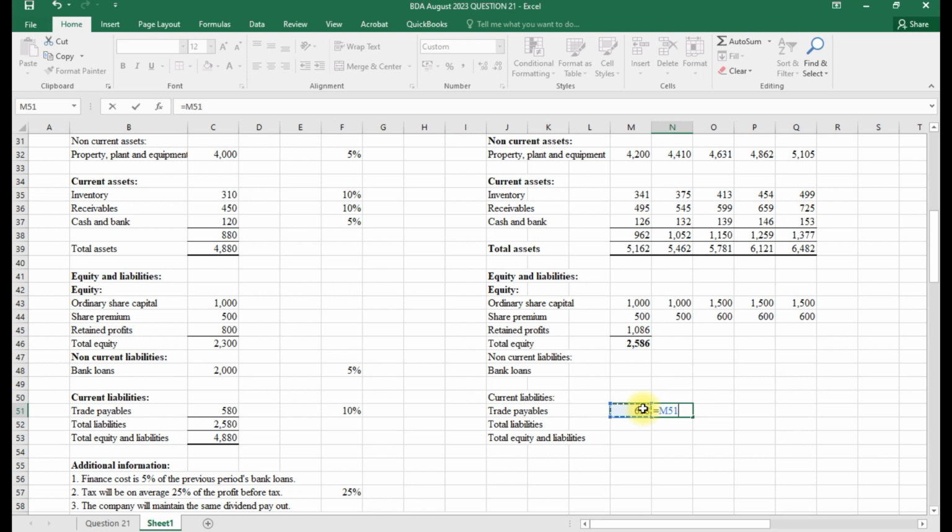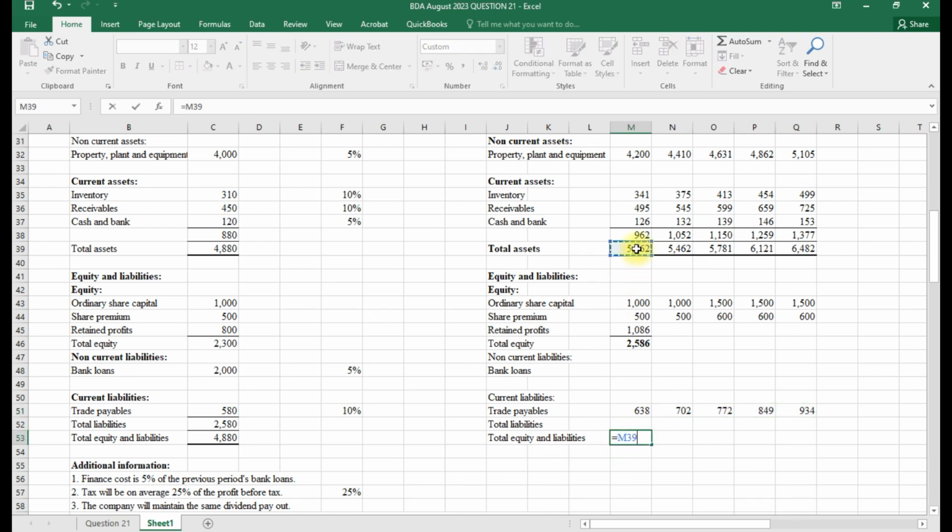You multiply 1 plus 10%, fully lock that and enter. You drag that way. So then total liability, we shall get it.